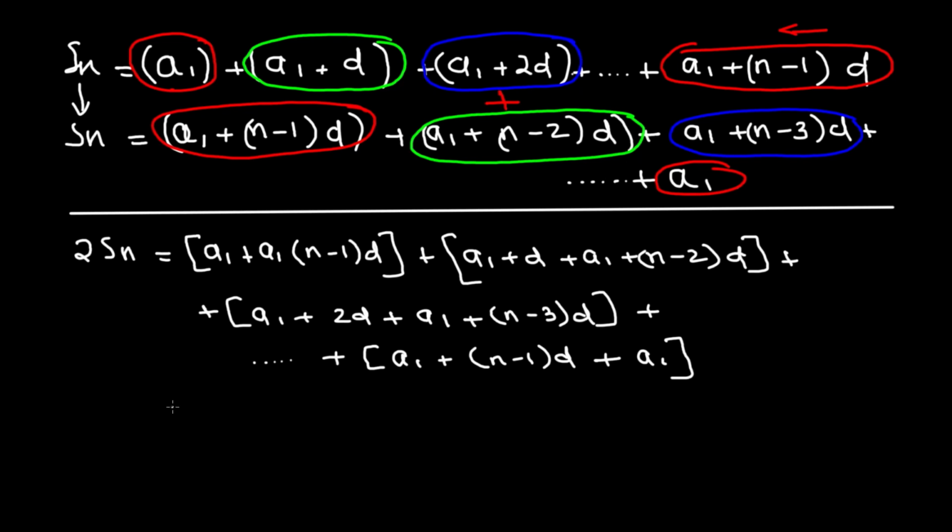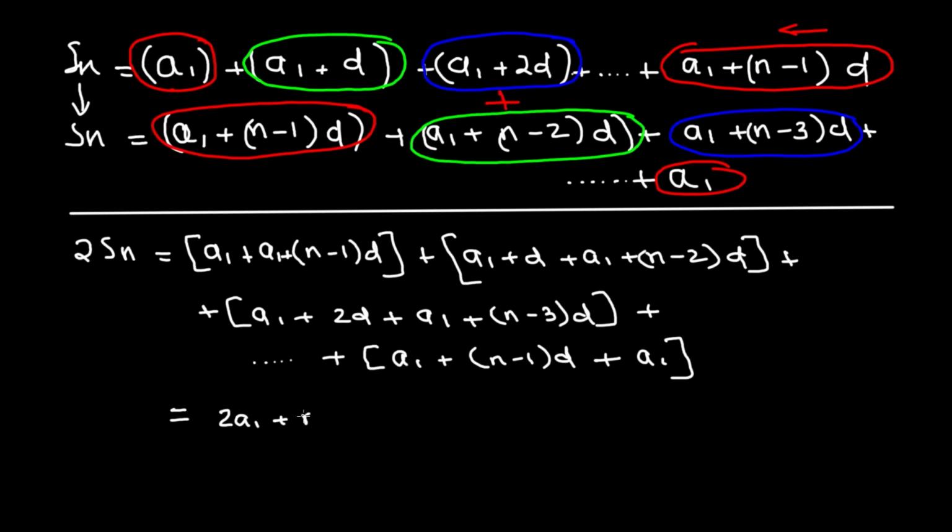So now, what are we going to obtain? These two are going to add with each other. So it's going to be 2a1, plus 2a1, all right?